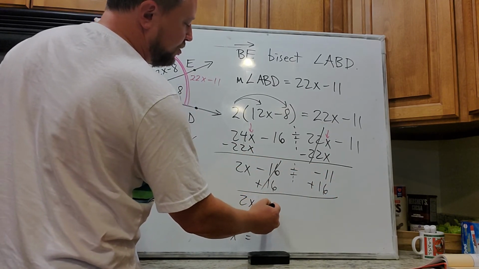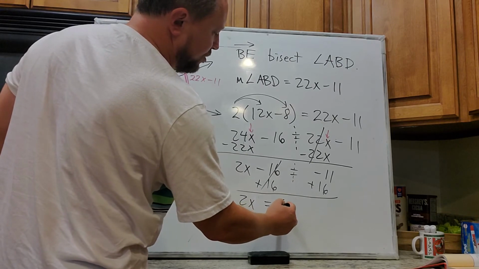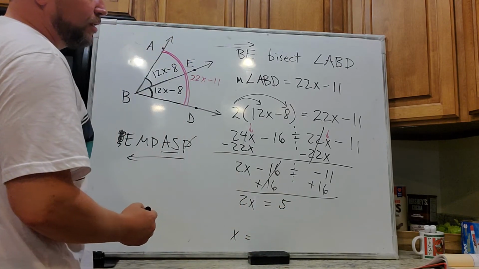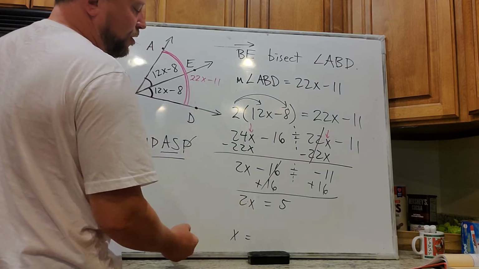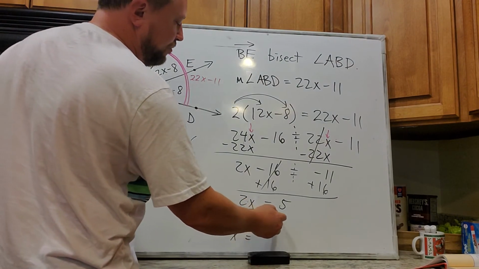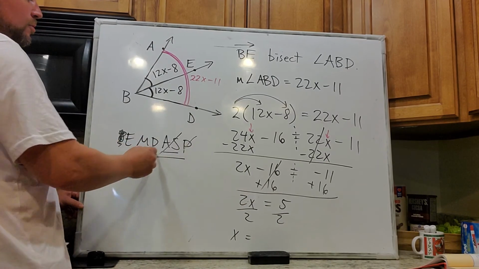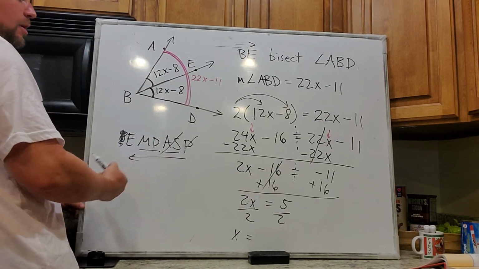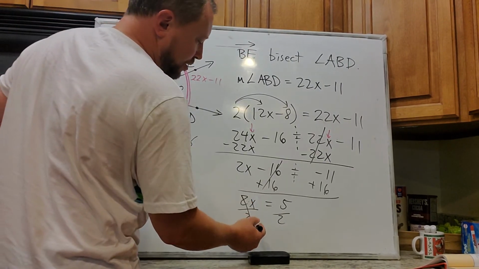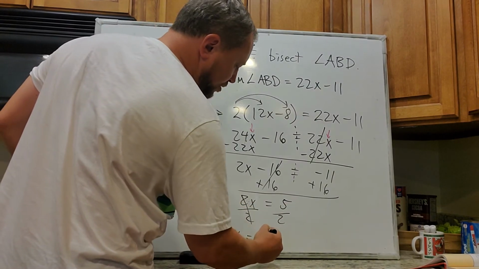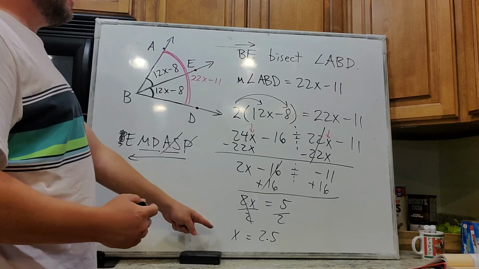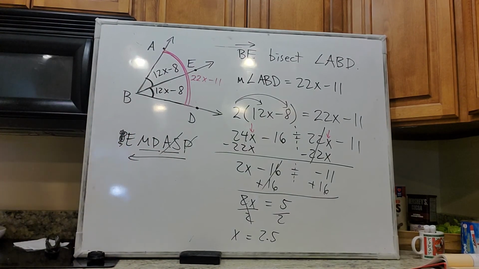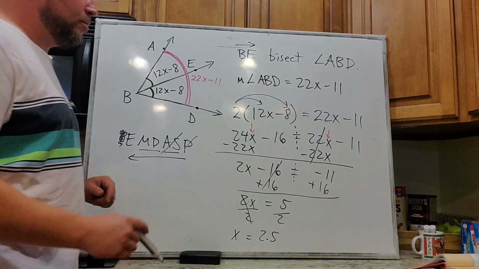So now I've got 2x equals 5. To get rid of the 2, which is being multiplied, we're going to have to divide. And 2 goes into 5 2.5 times. So there's my x.